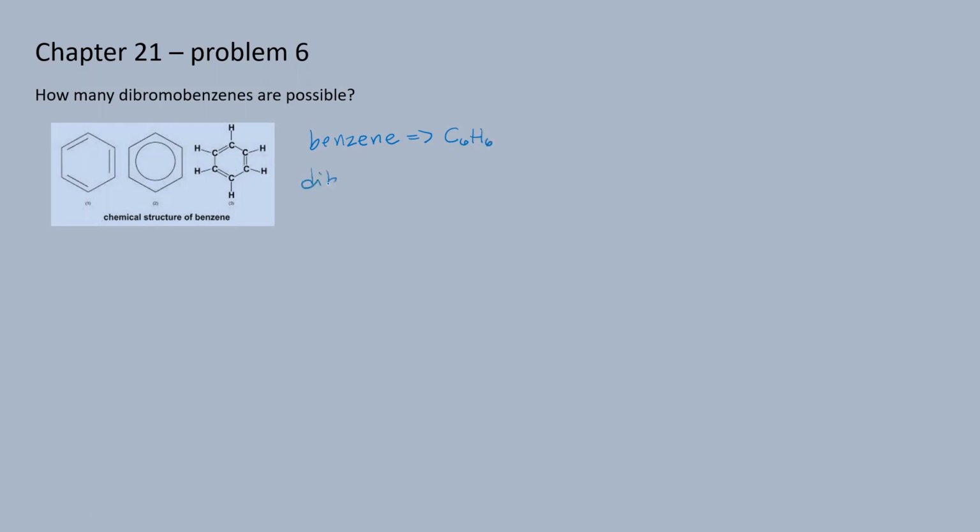Now the question is asking us about dibromobenzene. If we're going to add 2 bromines into the formula, what ends up happening is the hydrogens are going to decrease by 2.